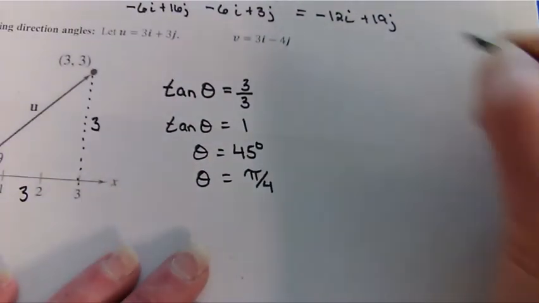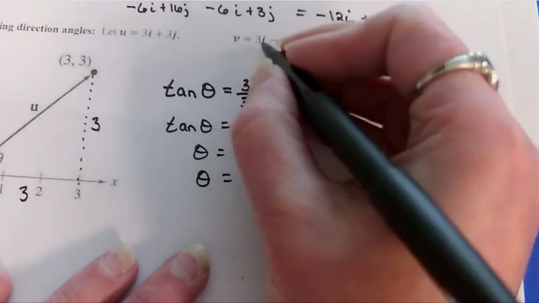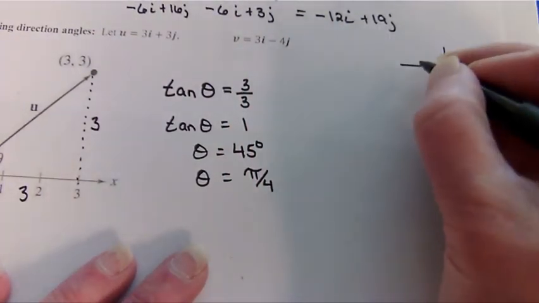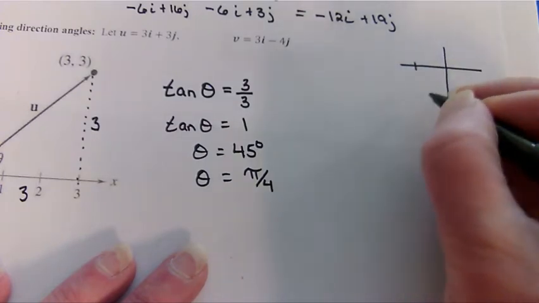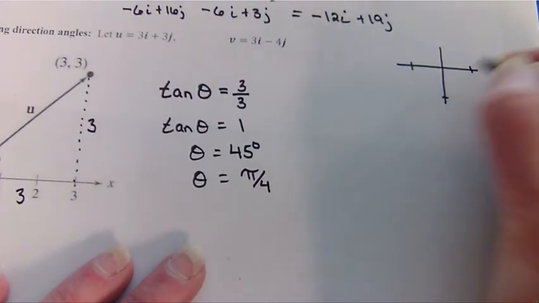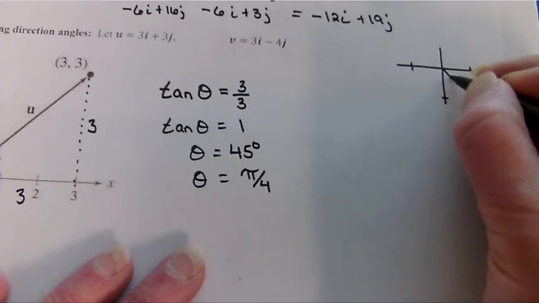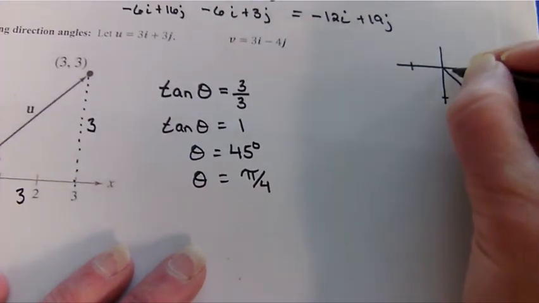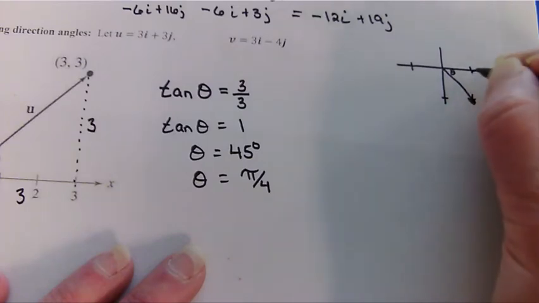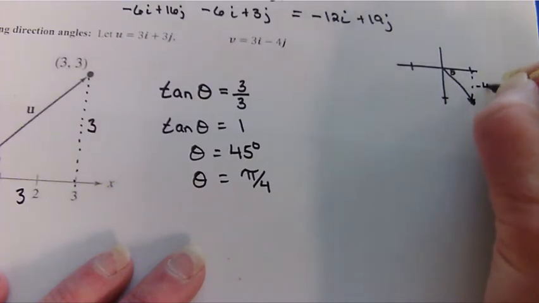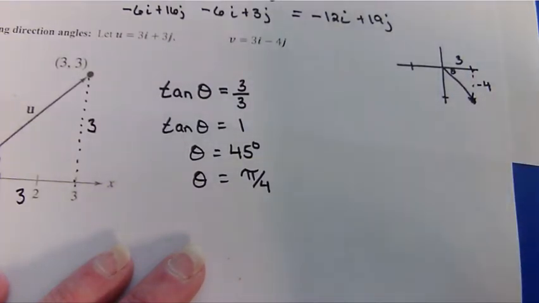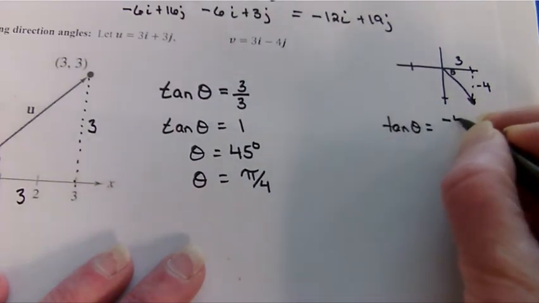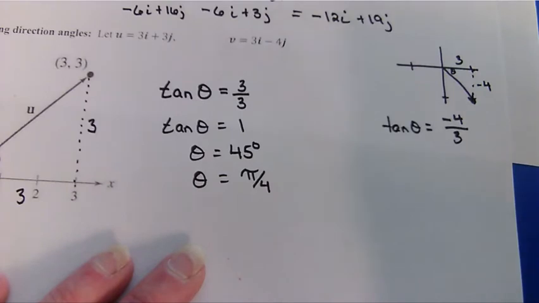Let's do another one. This one is 3, -4. So that means it's going this way 3, and then, oops, I'm sorry, this way 3, and then down 4. So the direction angle is going to be my change in y's over my change in x's.